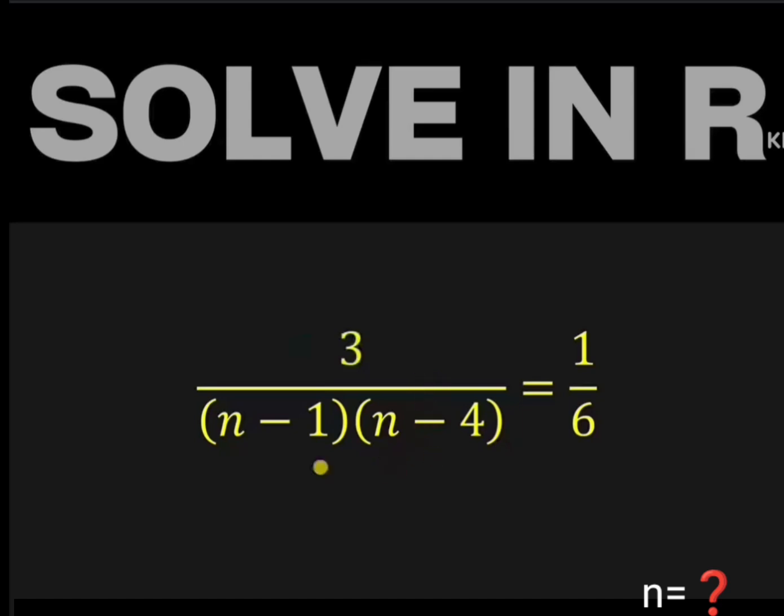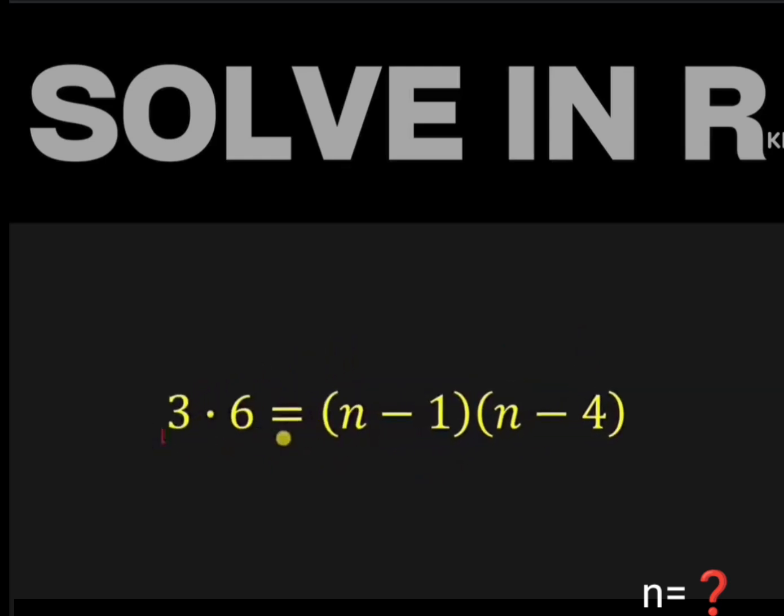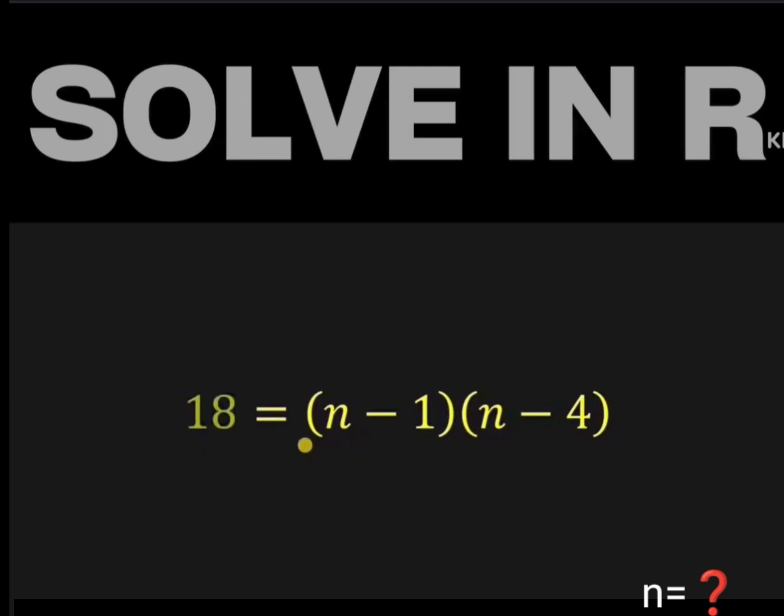Now, we are ready to solve for the value of n. We're just going to cross multiply. So we have 3 times 6 equals (n minus 1) times (n minus 4). 3 times 6 is just 18. And if we multiply this, we have n squared, negative 4n, and multiplying negative 1 by n, we have negative n.